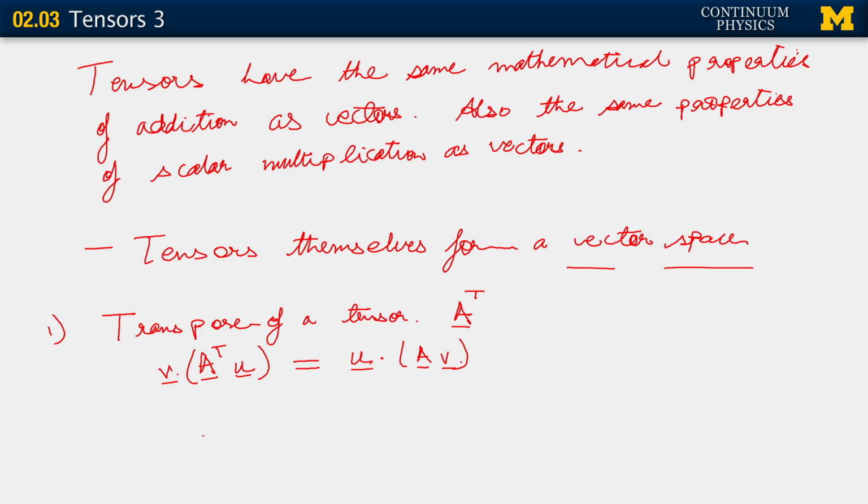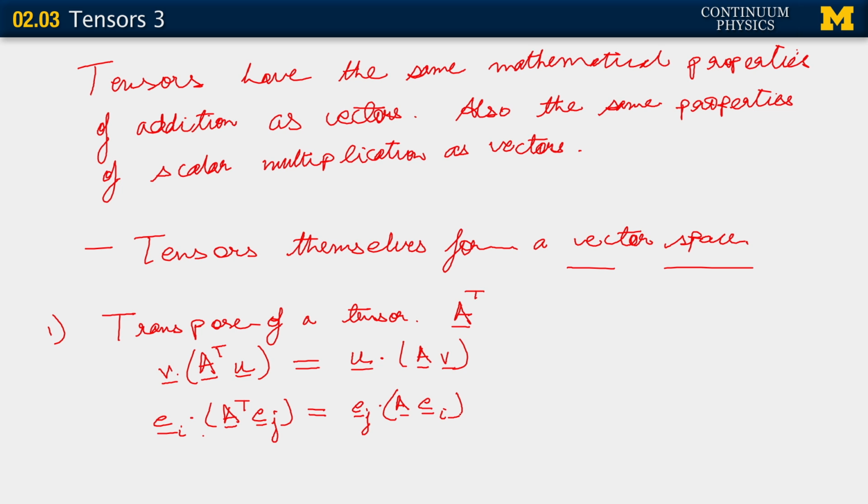To see how this works out in terms of the components of A transpose, we repeat this operation using basis vectors EI and EJ in place of V and U. We write this as EI dotted with A transpose EJ, and this is, being careful now, EJ dotted with A acting on EI.